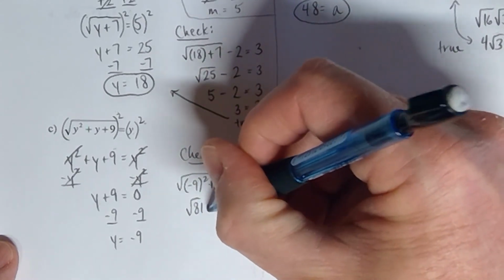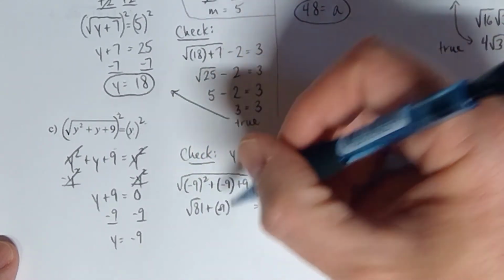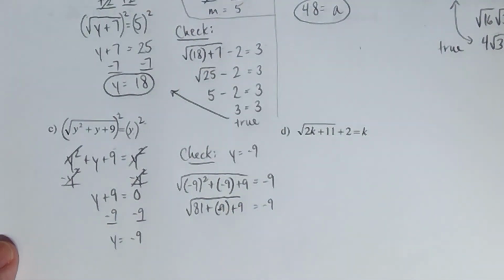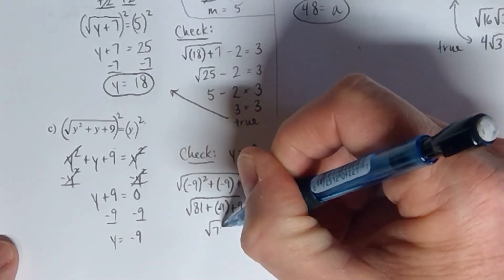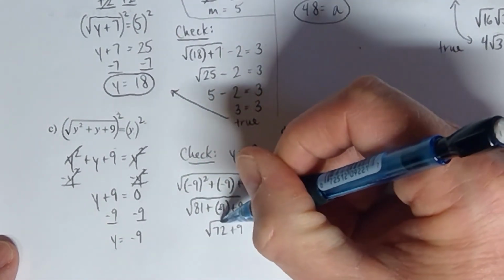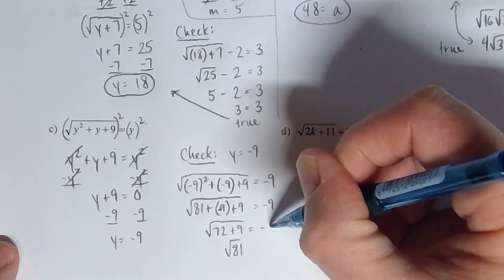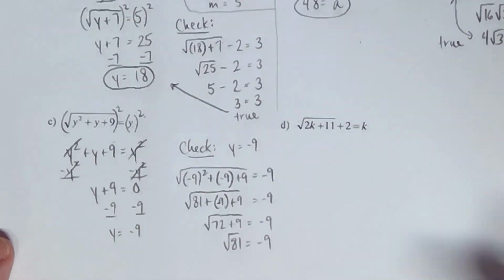We have 81, and then the other things here, plus -9, plus 9. Okay. What is 81 plus -9? That is 72. What is 72 plus 9? That is 81.